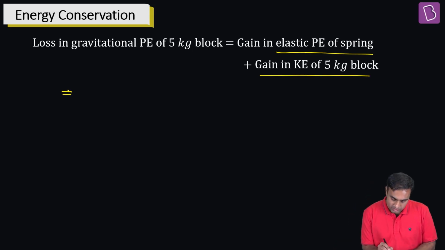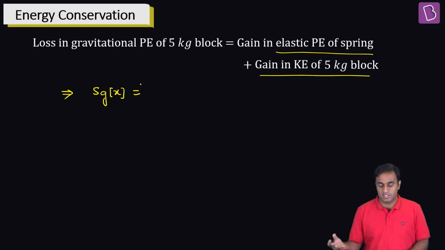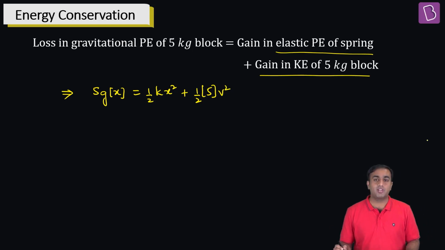So, substituting the values, we get 5 kg into g into x on one side in magnitude. On the other side, we have half kx square plus half into 5 kg into v square.